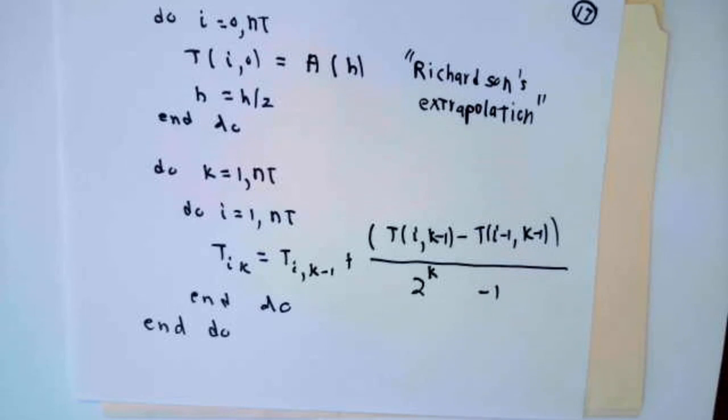So summarizing, we initialize column 0, and then after that, we go across the columns of our table in a similar way to the interpolating table. These quantities, the Tiks, should be getting increasingly better and better at approximating the true value that we're after. This technique is called Richardson's extrapolation.